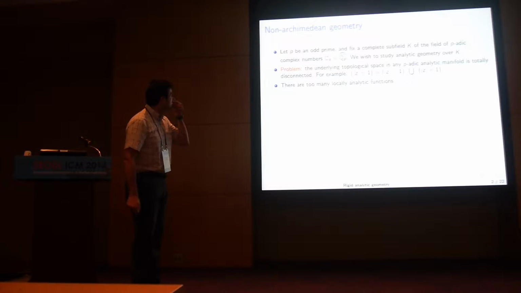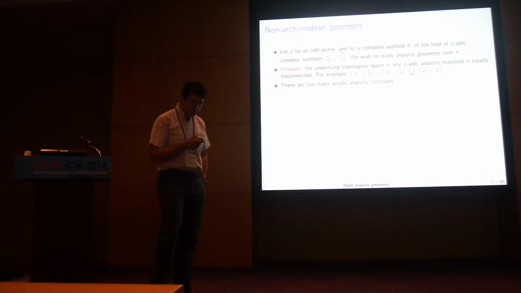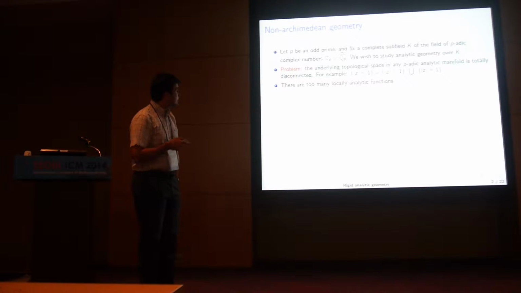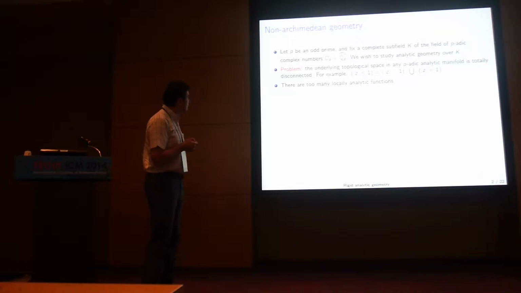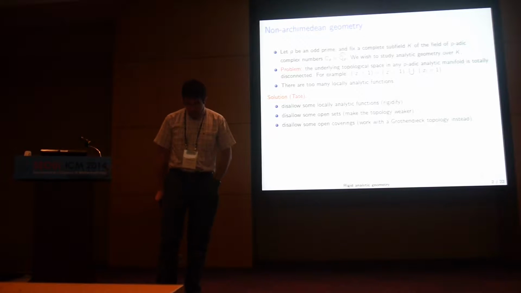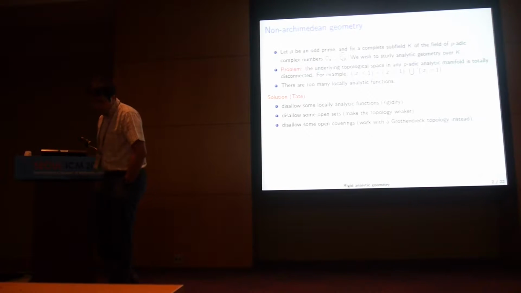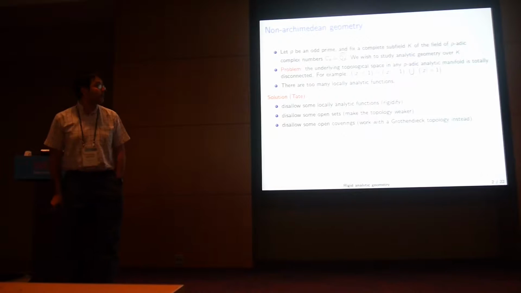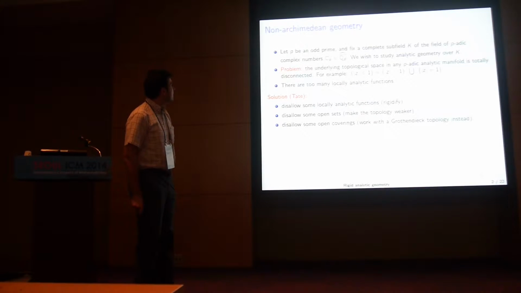So this is somehow caused by the fact there are too many locally analytic functions, which causes this disconnection. And so what Tate did in the 1950s, 60s, he managed to produce a good category of p-adic spaces called the rigid analytic spaces in the following way.